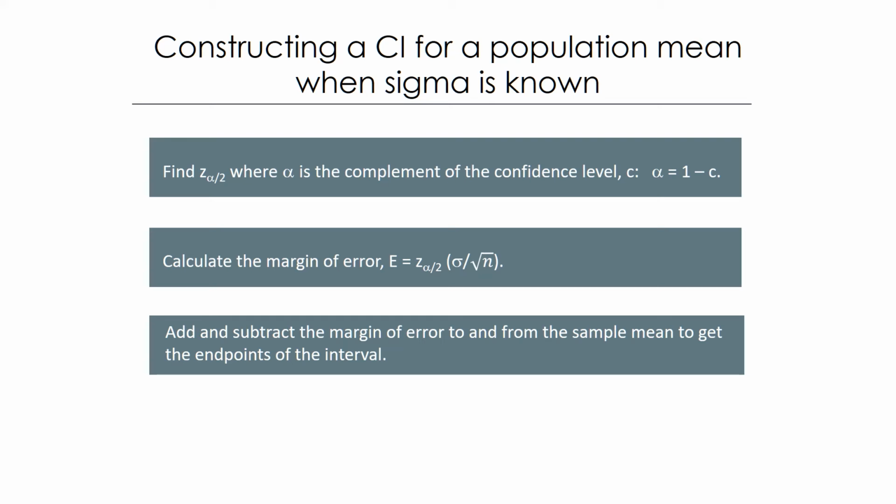Then we calculate the margin of error, E, by taking that z-score times the number of standard deviations for this distribution, which is sigma over the square root of n. And finally, we add and subtract the margin of error to and from the sample mean to get the endpoints of the interval.